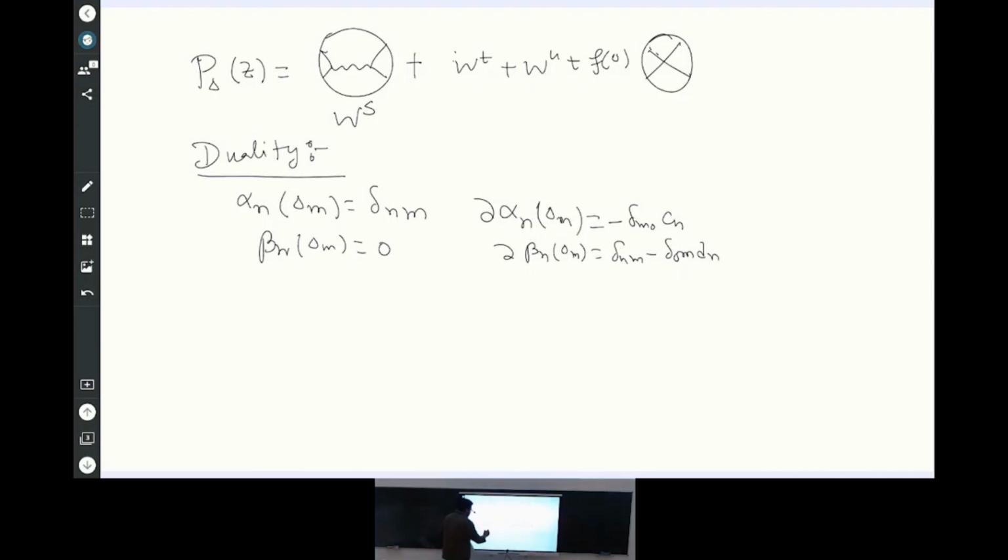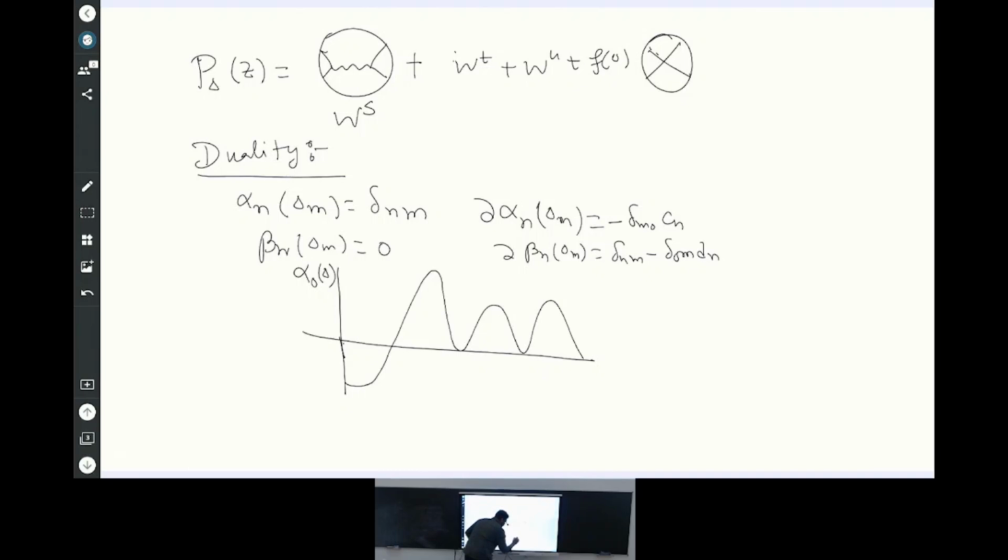So let me just draw a picture which will make it clear what this orthogonality means. Suppose I am drawing the alpha 0 delta functional.